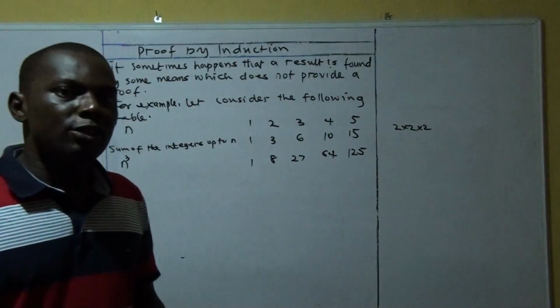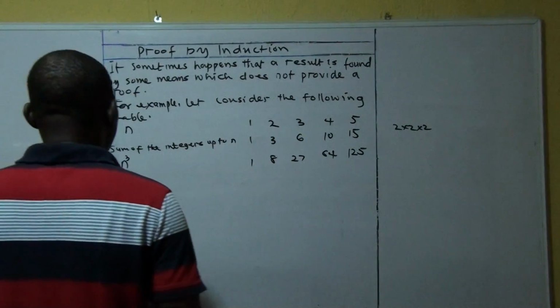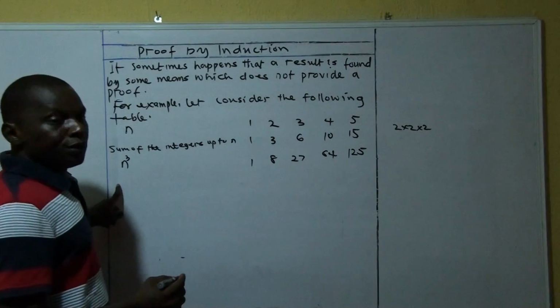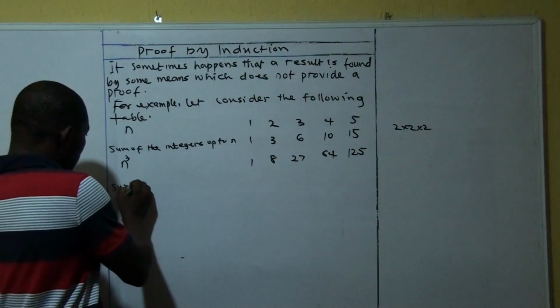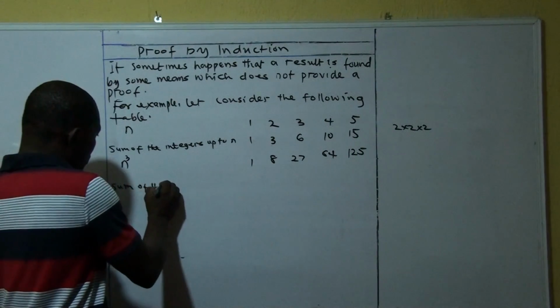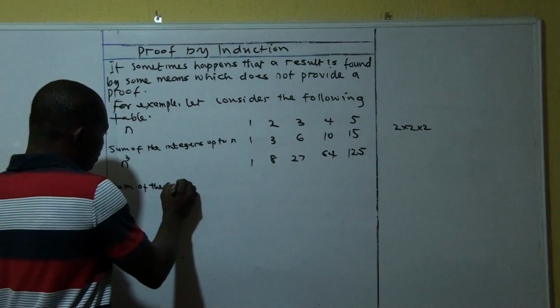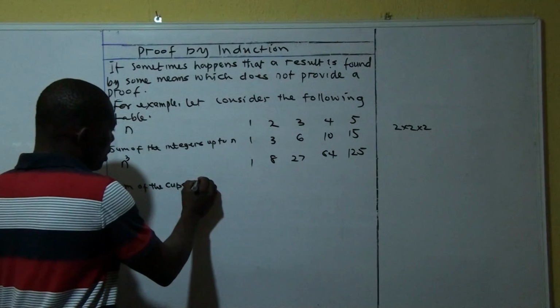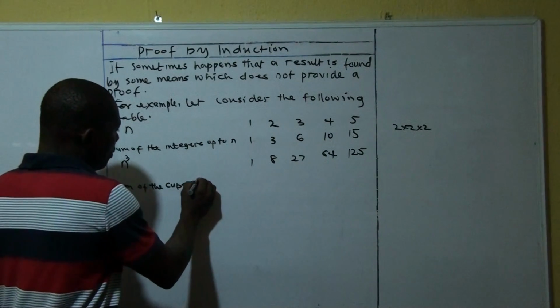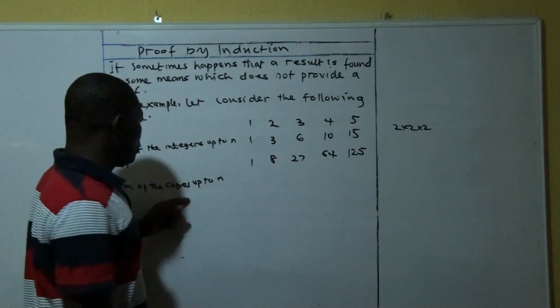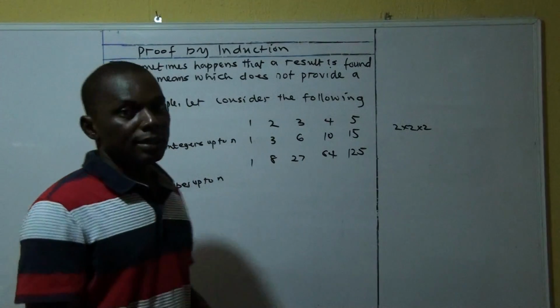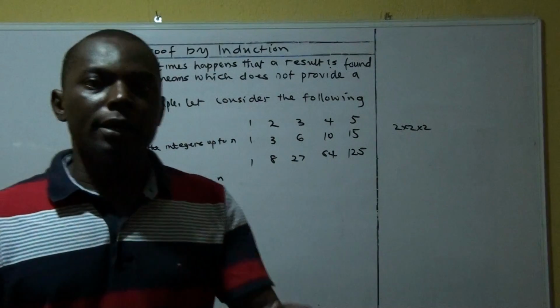Now, assuming we also want to find the sum of the cubes up to n, the sum of the cubes of the integers up to n.